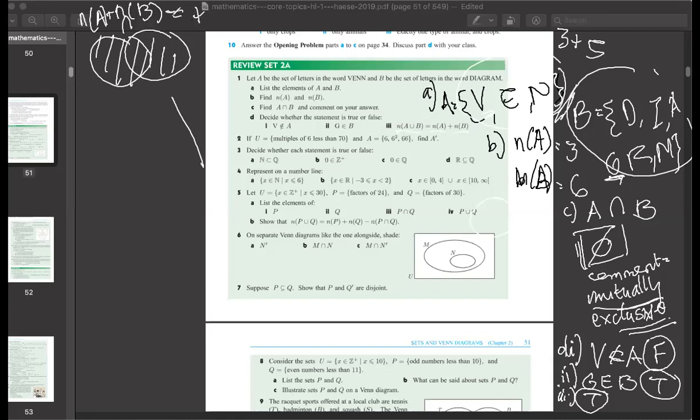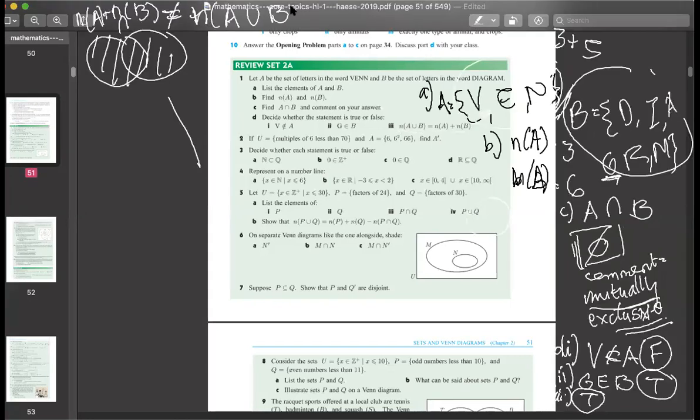So you're not going to have the same amount as the number of elements in A union B, because A union B unites everything but also makes sure that the middle part doesn't double.